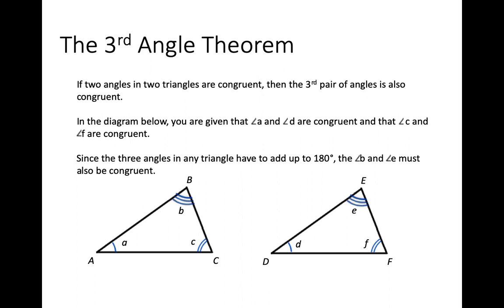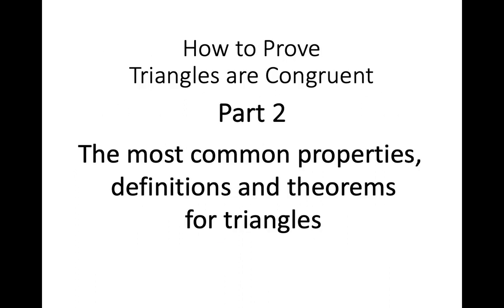Note that angle, angle, angle, which this shows, does not prove that the triangles are congruent, because you could have similar triangles where one is larger than the other, but their angles are still the same size. Still, it's helpful to be able to identify this additional information when you see that two angles are equal between two triangles. So that was the most common properties, definitions, and theorems for triangles.